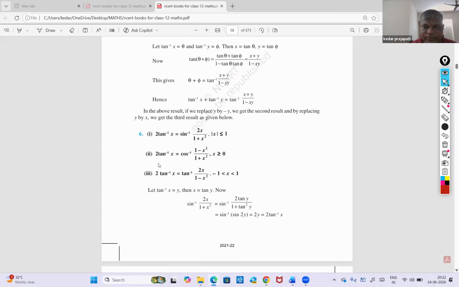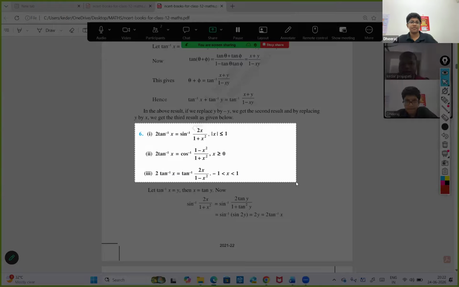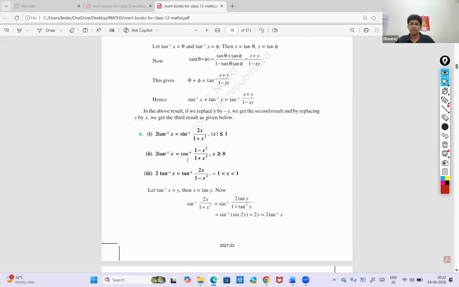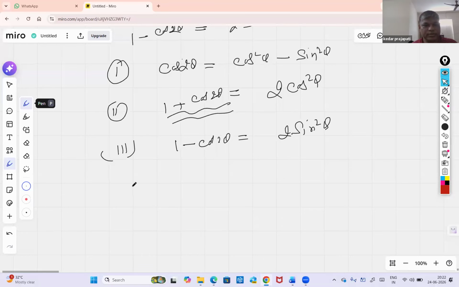Are you familiar with these formulas? I'll recollect. I'll write it down for you, no problem. These are important formulas. You should know them.